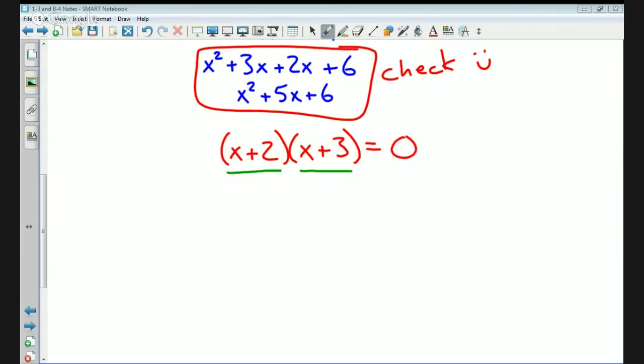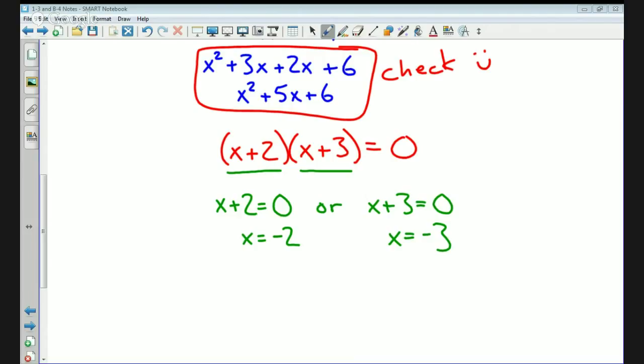Which means that if we're going to have this equal to 0, either x plus 2 had better be equal to 0, or x plus 3 had better be equal to 0. And if we solve for x, we'll get x equals -2 after I subtract 2 from both sides, or x equals -3 after I subtract 3 from both sides.